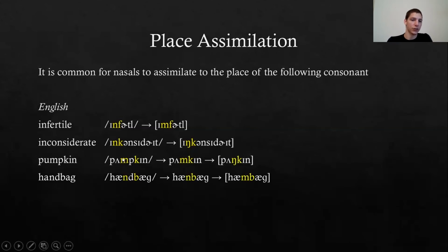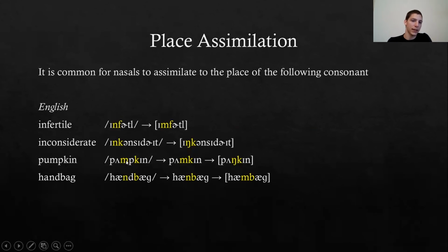Initially, the nasal is happy because it's bilabial, and the sound after it is also bilabial. M and P both have the same place of articulation, which is bilabial. But we get rid of one of the consonants because going "mpk" is kind of hard. So instead of going "mpk," we go "mk."